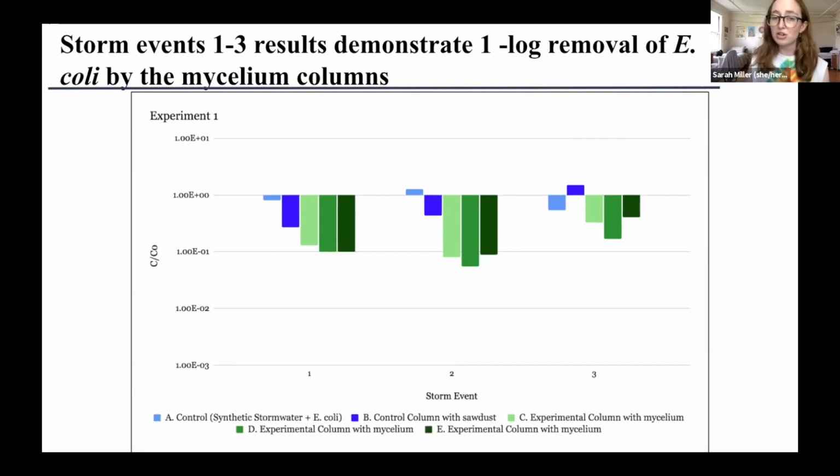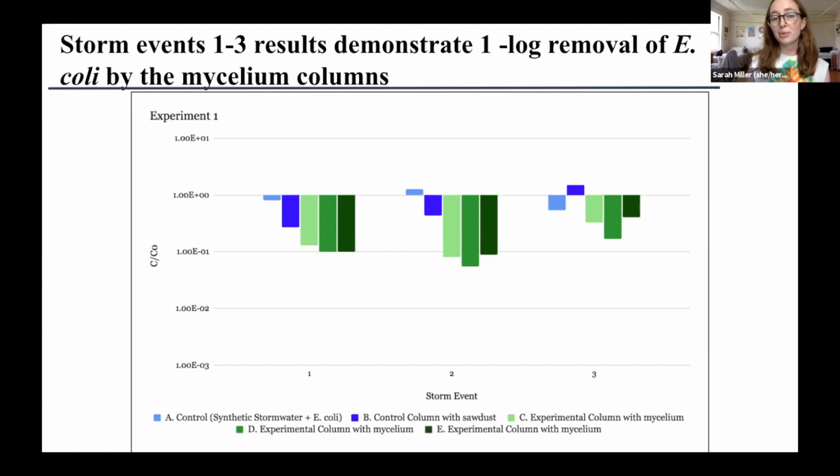The blue bars on the graph are our controls. So the light blue is the control carboy, and the dark blue is the control column containing sawdust. And then the 3 shades of green are each one of our mycelium-packed columns. And for this first experiment, we saw approximately 1 log of additional removal of the E. coli by the mycelium columns.